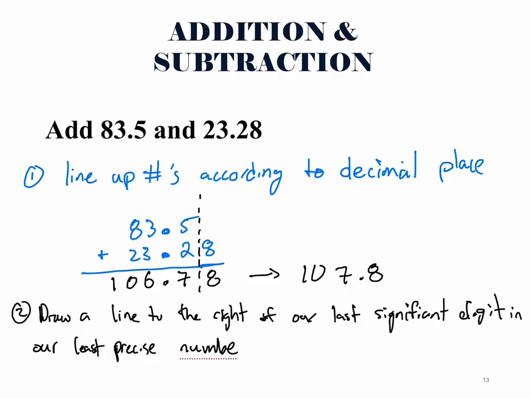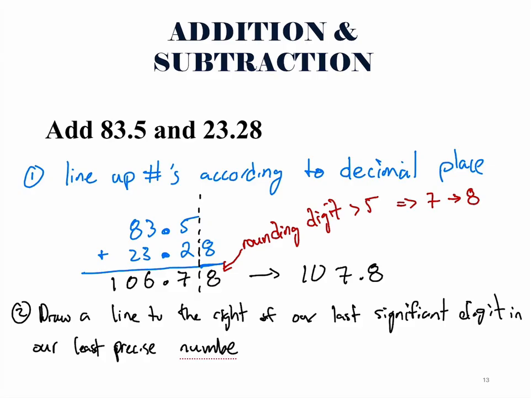Right? This number is our last significant digit, which means that this 8 right here is our rounding digit. I'll make a note of that. This is the rounding digit. Right? It's greater than 5, so 7 goes to 8.